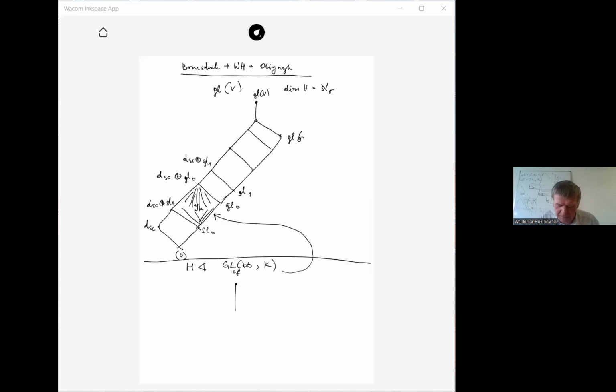We have the general linear group of column-finite matrices, and a group of finitary matrices, GL0.